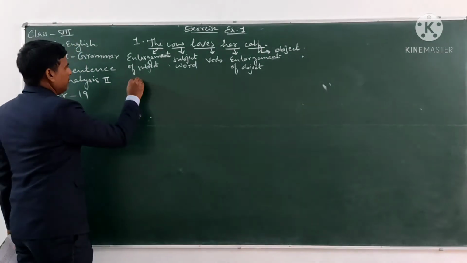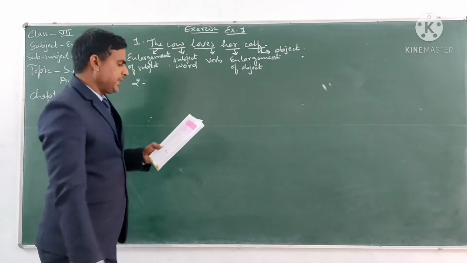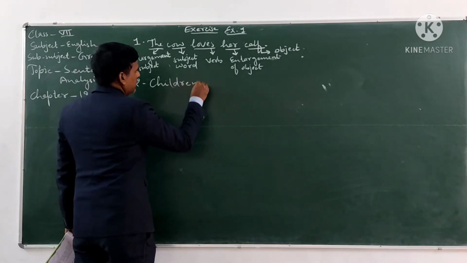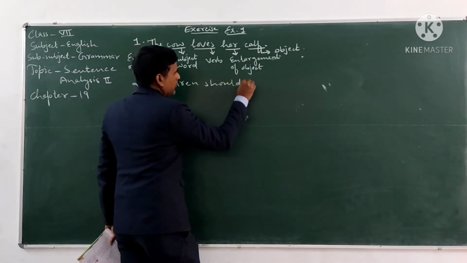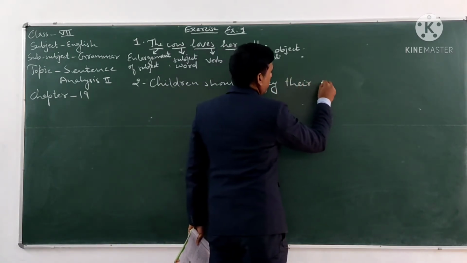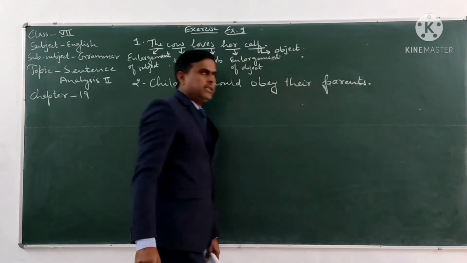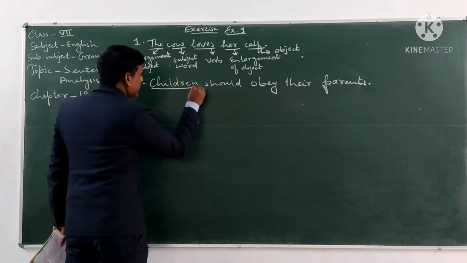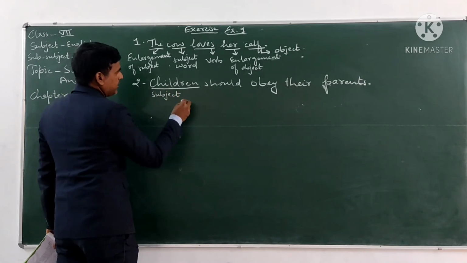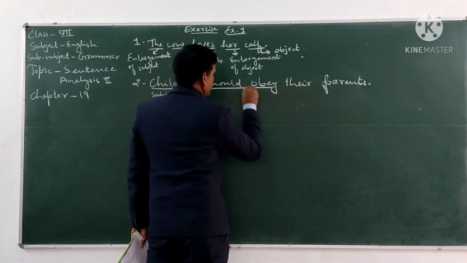Now see sentence number 2. Sentence number 2 is: Children should obey their parents. In this sentence, children is the subject word, and should obey is the verb.